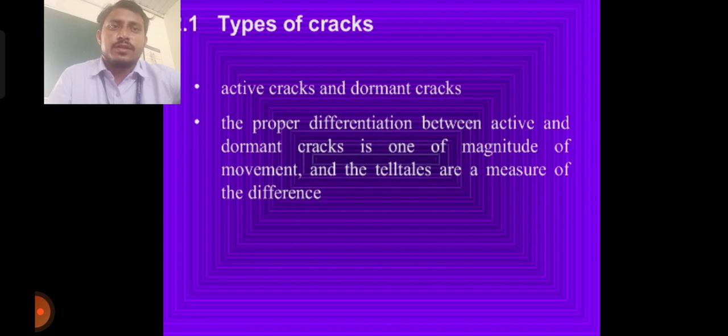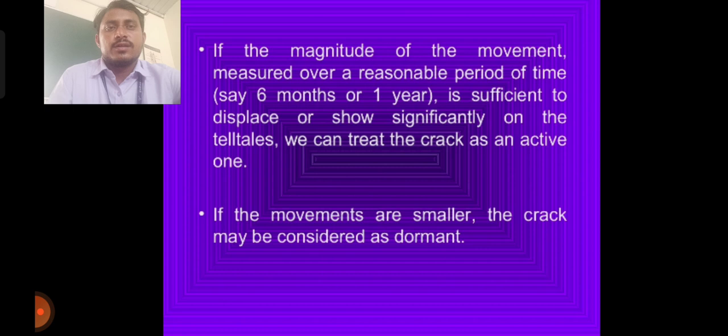The proper differentiation between active and dormant cracks is the magnitude of movement, and telltales measure the differences. If the magnitude of the movement measured over a reasonable period, which means 6 months or 1 year, is sufficient to displace or show a significant change on the telltales, we can treat the crack as an active one. So this is the active crack.